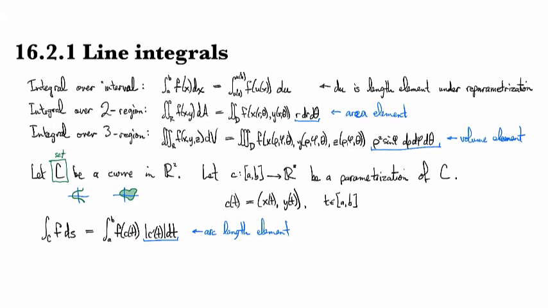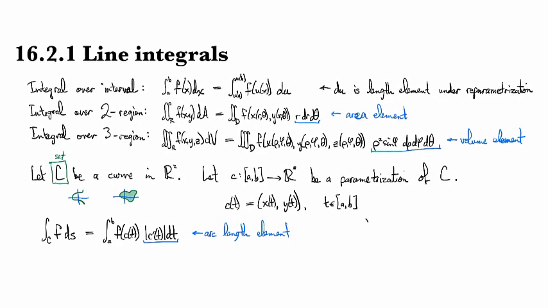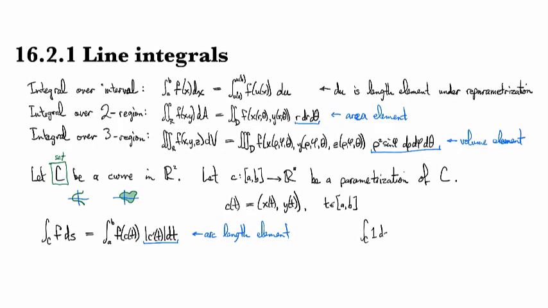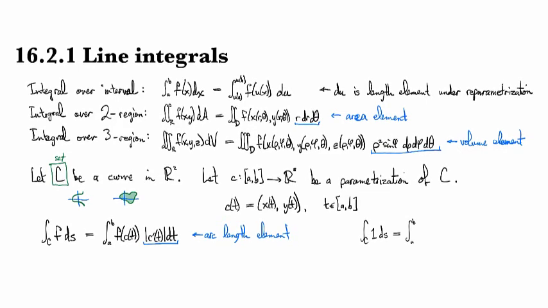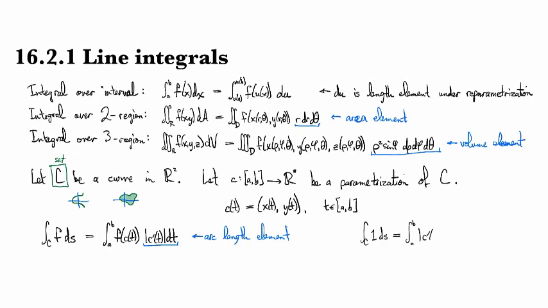And I think it probably makes the most sense if we just back up and say, suppose for the moment that the integrand was 1. So if we were just integrating 1 with respect to ds, then from a to b we have the function 1 times, and so I can just get rid of it, magnitude c prime of t dt.